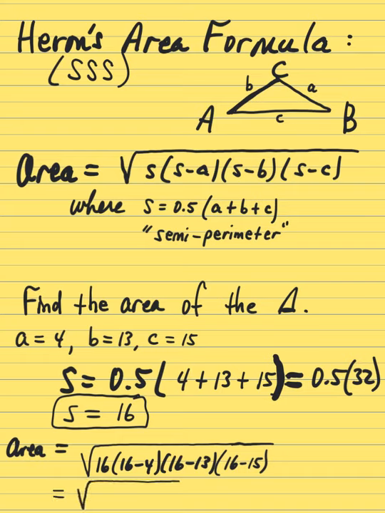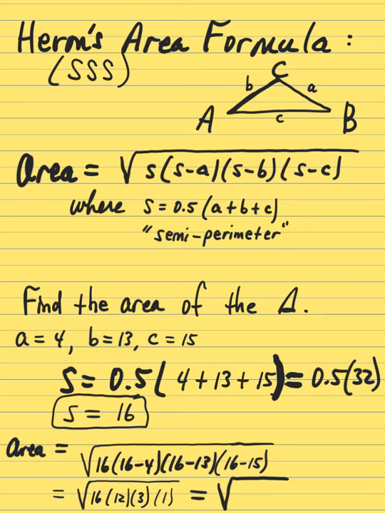I'm going to go ahead and write out all the results. So we've got 16 times 12 times 3 times 1, which is the square root of... Now again, you can just power through it all and just start your square root, multiply all the way through. That's fine.